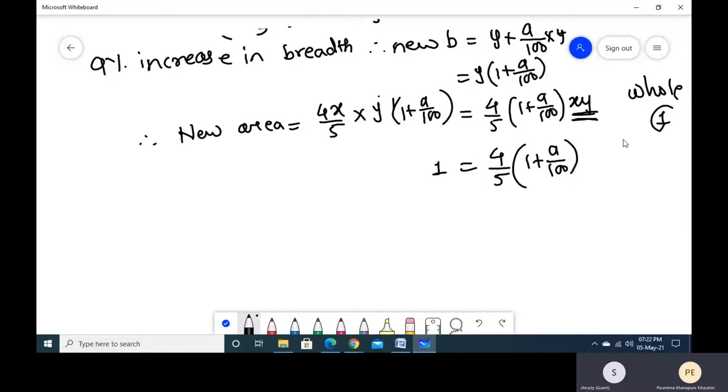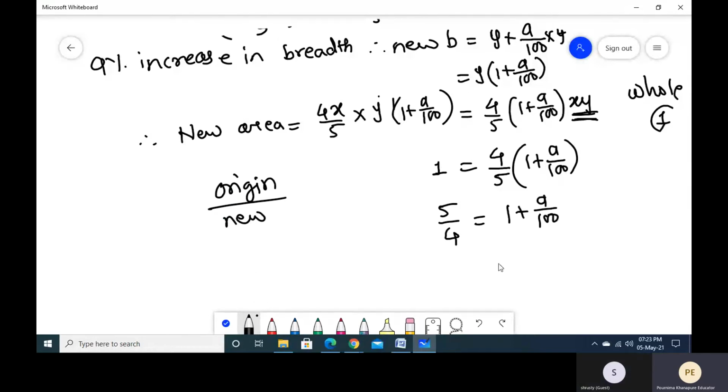Here we can divide, because it is multiplying. You can divide the original upon the new, or we can just equate them, no problem. So this gives 5 upon 4 equals 1 plus a upon 100.